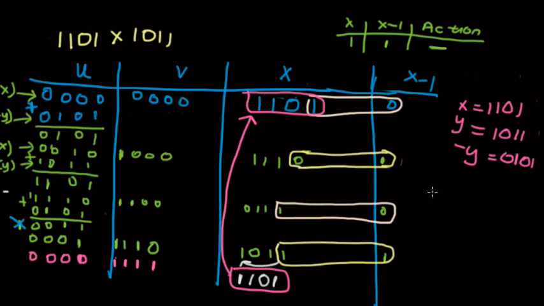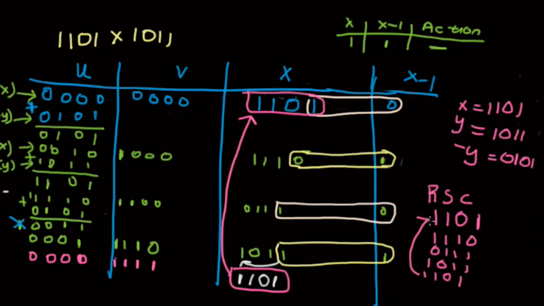Like I said, that's why we call it the right shift circulant. Because if you keep on doing this, 1 0 1 1 0 1, we're going to have 1 1 1 0 0 1 1 1 1 0 1 1 1 1 0 1. Eventually, it's going to make a circle and loop back to the initial state.